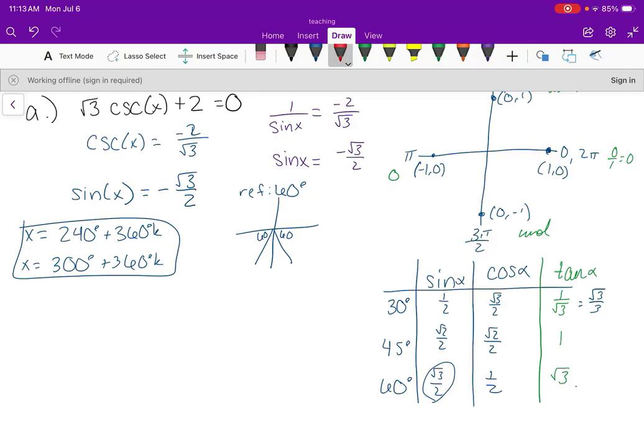And in radians, the reference is pi over 3, so it would be 4 pi over 3 plus 2 pi k. And then this would be 6 pi over 3 minus pi over 3, 5 pi over 3 plus 2 pi k.